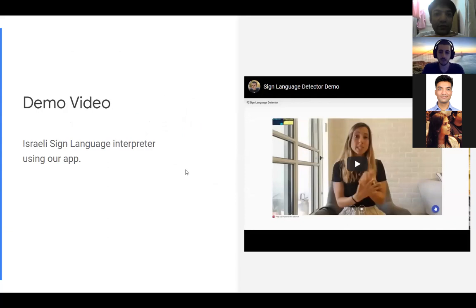So first I'll say that sign language linguists somewhat believe that Israeli sign language is like a child language of German sign language.